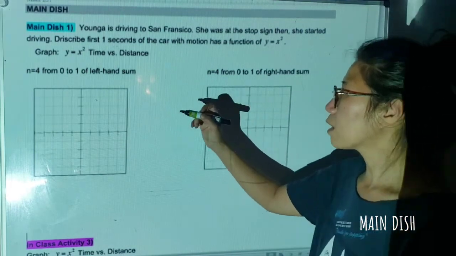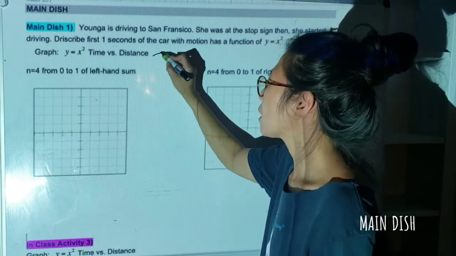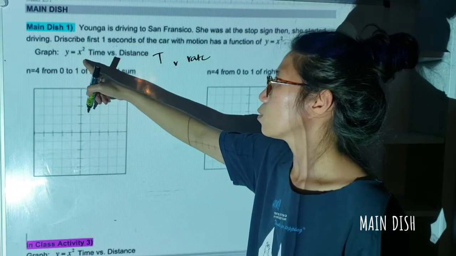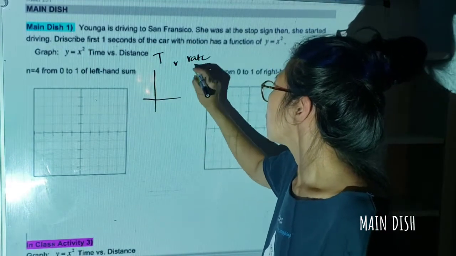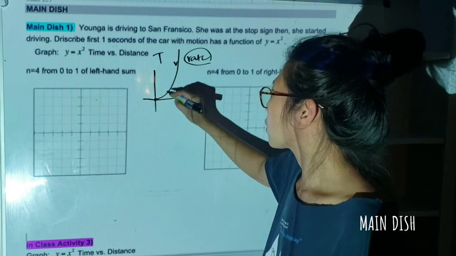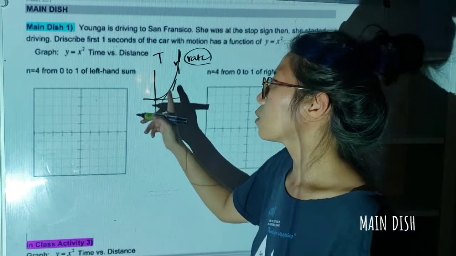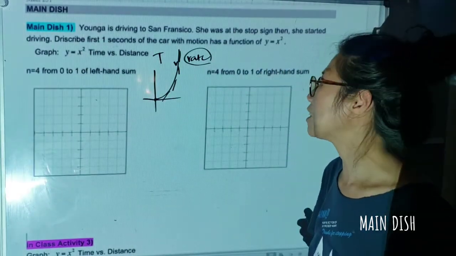So if you think about cars starting in the first 1 second, we can actually put time and rate as a relationship of y is equal to x squared. Which means the graph of your speed is going to be accelerating, because each time your speed is going to be faster and faster. So I'm going to put this one as an example of y is equal to x squared, one of the examples that we can use easily.